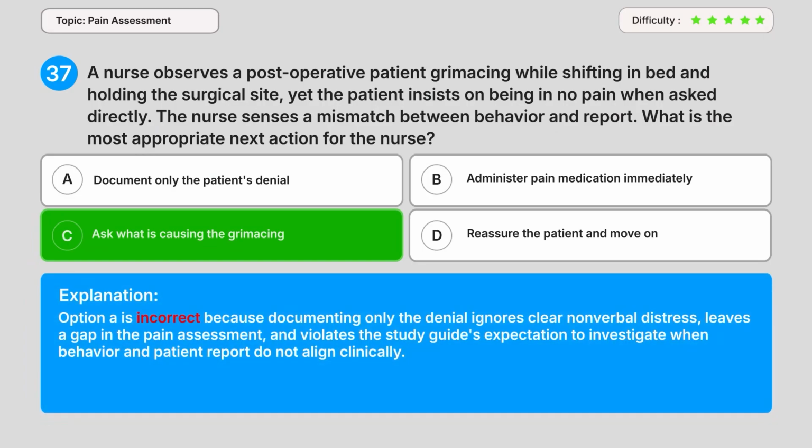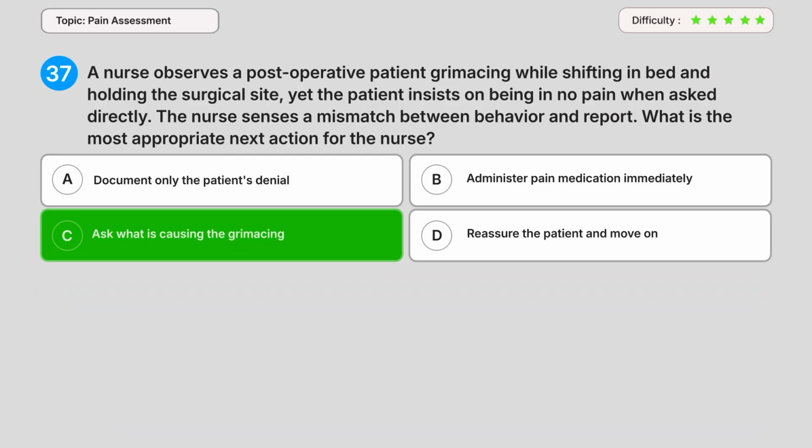Option A is incorrect because documenting only the denial ignores clear nonverbal distress, leaves a gap in the pain assessment, and violates the study guide's expectation to investigate when behavior and patient report do not align clinically.